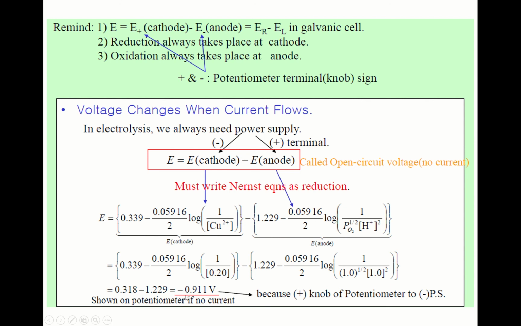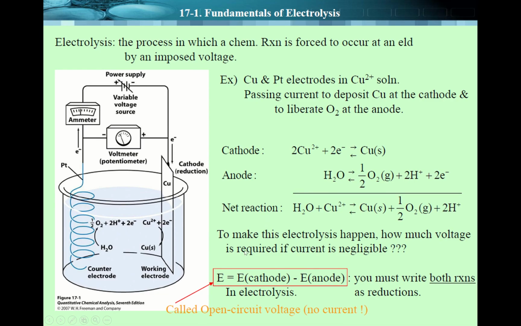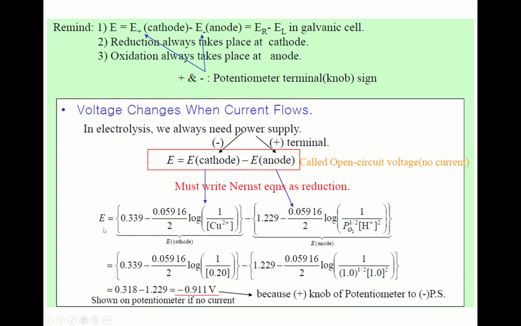The negative sign indicates that this forward reaction is not spontaneous. Why? Because the calculated voltage has a negative sign, so the Gibbs free energy change is positive. So it is a non-spontaneous reaction.